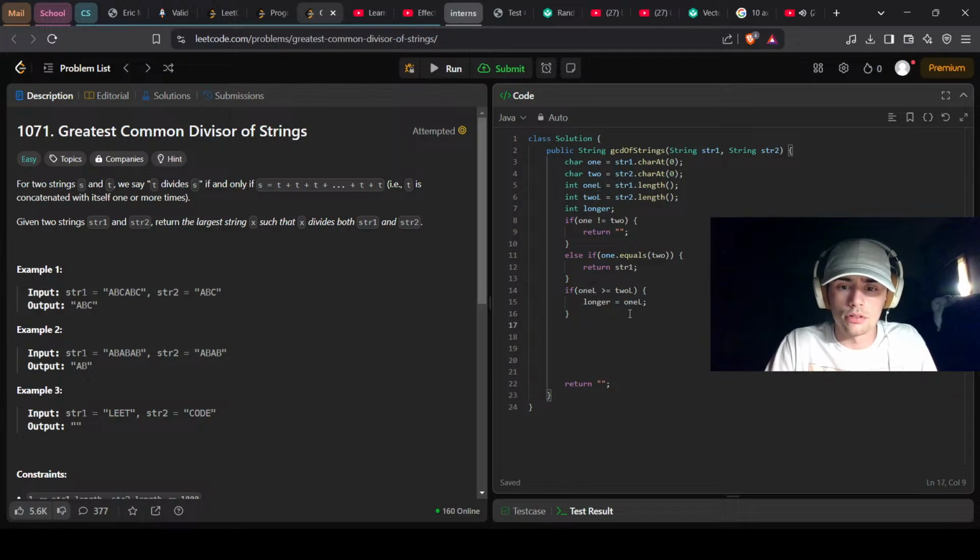This is what I was doing yesterday. Else if 2L is greater than 1L, we're gonna do longer equals 2L.